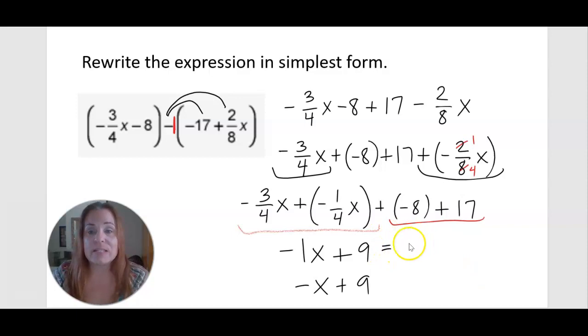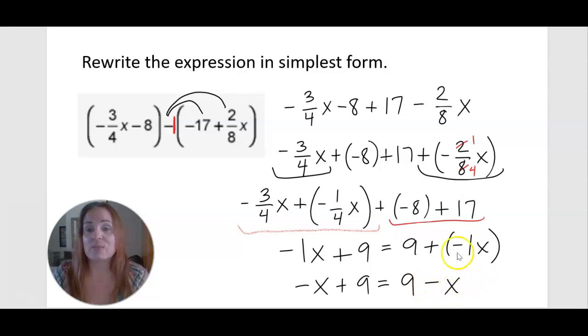This is the same as saying 9 plus negative 1x. This is the same as saying 9 minus x, right? All of these are equivalent because we can use the commutative property to move the terms around. The order doesn't matter if we're just adding. As long as you remember to keep the sign in front of the term with that term when you move it around. All right.